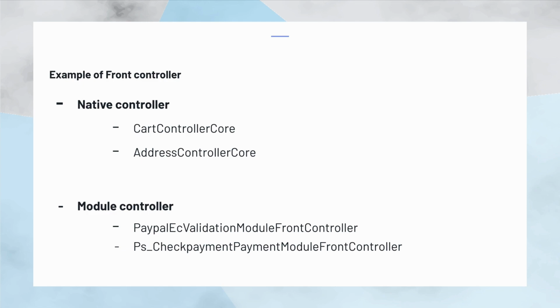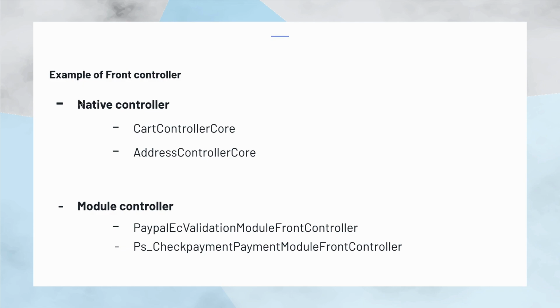Also, we have what we call the module controller. Certain modules are installed or pre-installed with Prestashop, and they come with their own controllers. Or for a module that we'll be creating, we can also create controllers. This is what we call the module controller, and here I listed a couple of them: the PayPal EC validation module front controller and the PS checkout payment module front controllers.